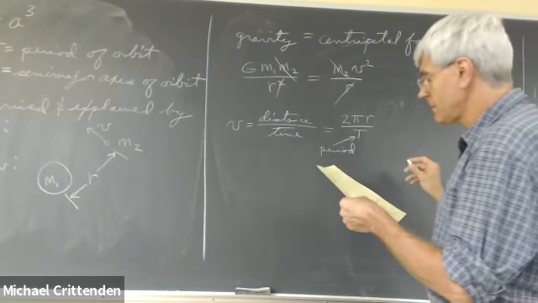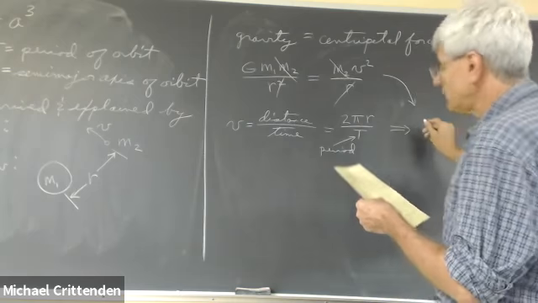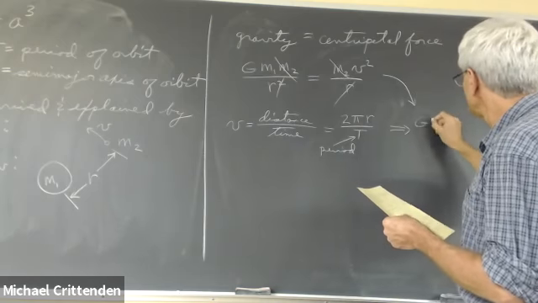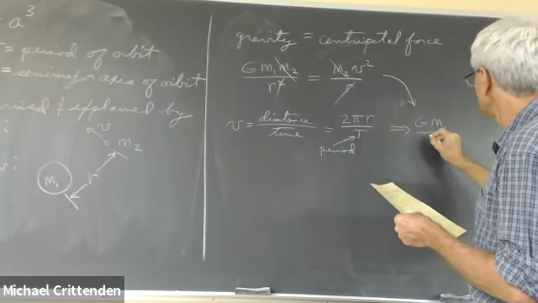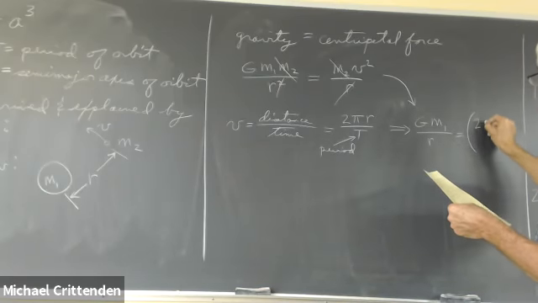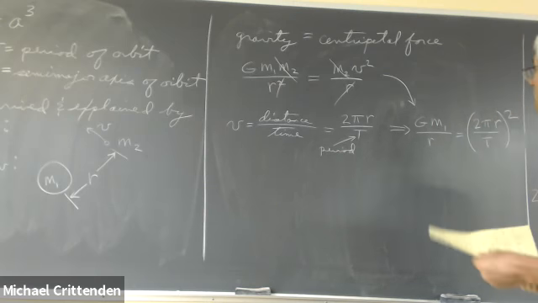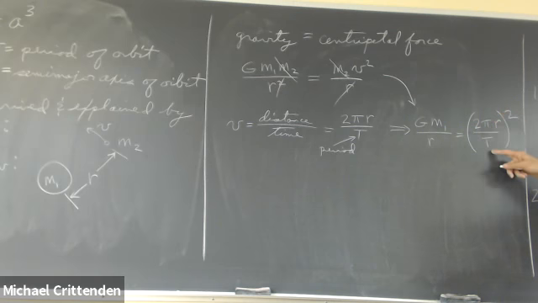So I can say that G times m1 over r equals 2 pi r over T squared. 2 pi r over T is the speed. We have the speed squared there. So let's rearrange a few things. Get rid of denominators.